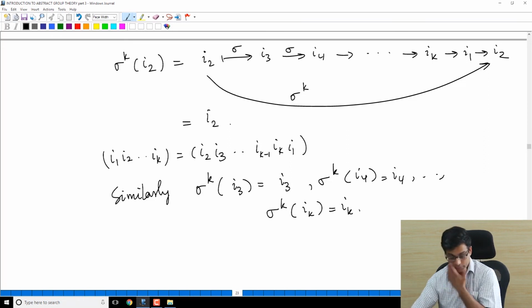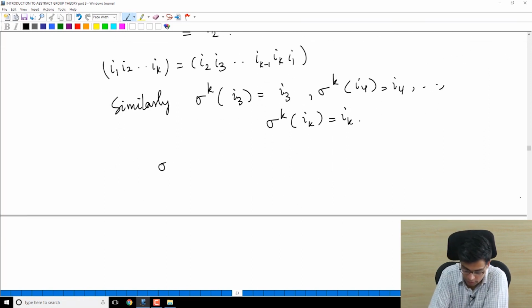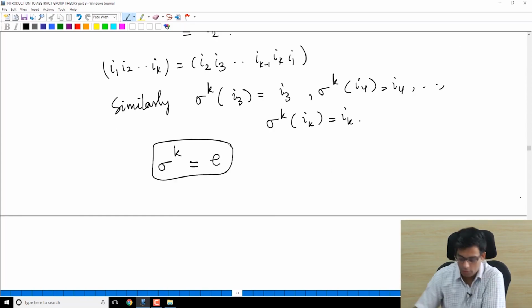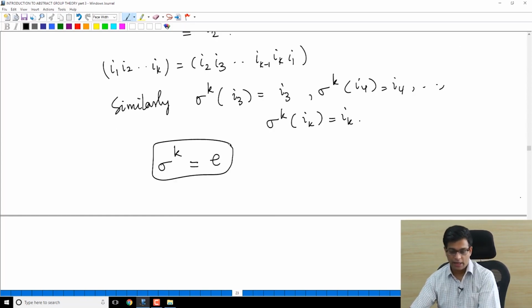So we have sigma k is the identity element, right? Because sigma k sends I1 to I1, I2 to I2, I3 to I3, Ik to Ik, but does it send other indices that are not inside I1 through Ik to themselves? Of course it does, because sigma itself sends any index that's not equal to I1, I2, Ik to itself.